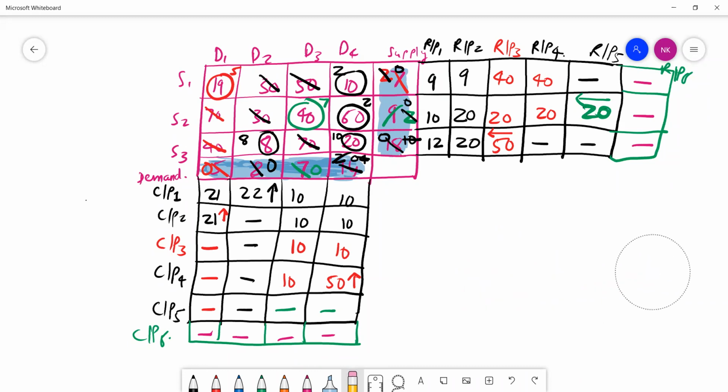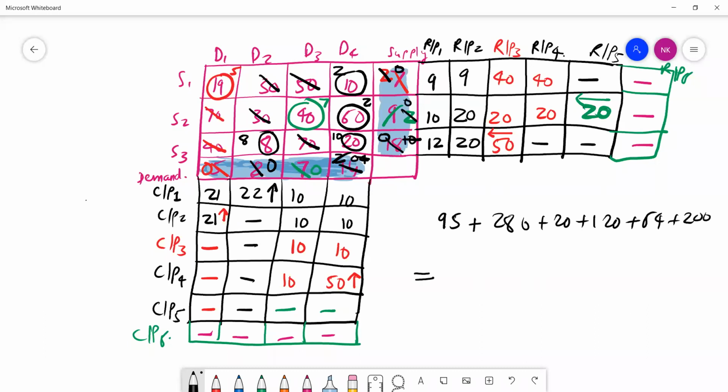And your final cost matrix will be 19 into 5, so it's 95, plus 7 into 40, 280, plus 2 into 10, 20, plus 60 into 2, 120, plus 8 into 8, 64, plus 10 into 20, 200.